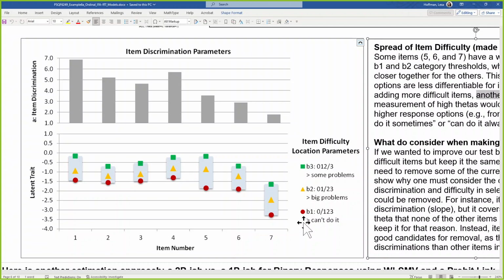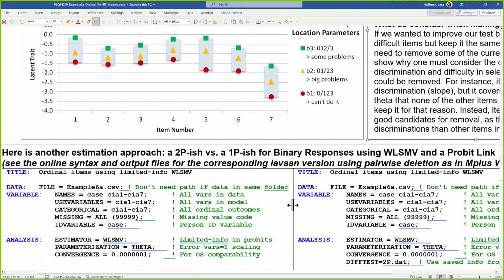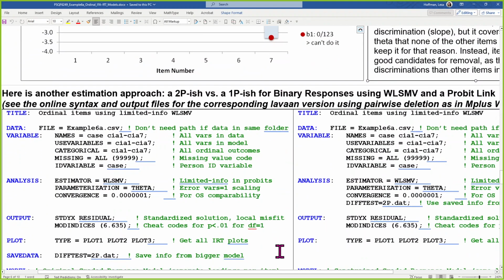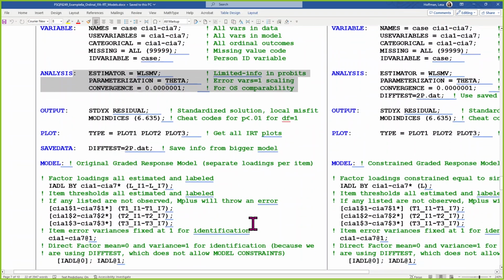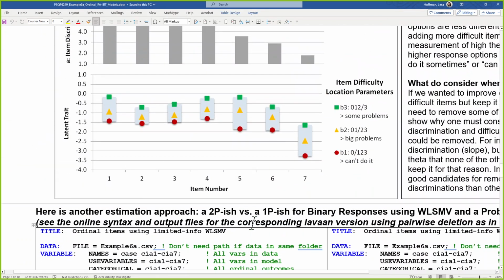I don't have a big example for it, and I don't have an example for nominal either, but I want you to have seen it at least, so we'll do that next time. Also, what we'll do next time is the WLSMV version of this model, which is basically the same thing except changing the estimator. And it necessarily changes the link function into probit instead of logit as well. So that's all we have left. Hooray.